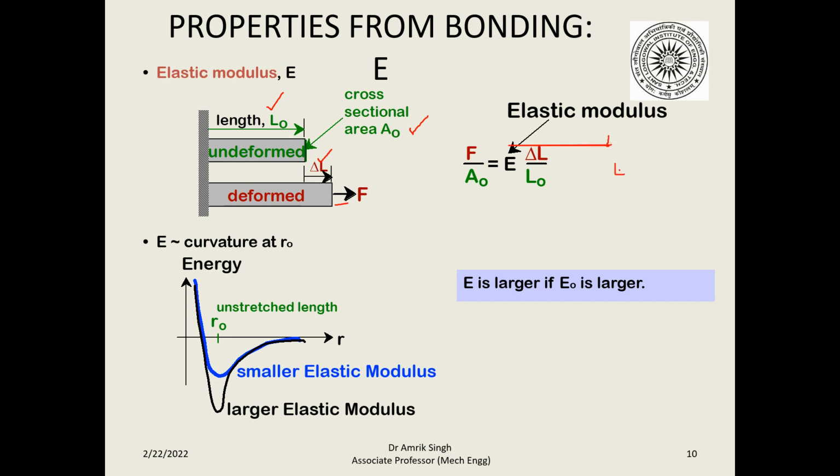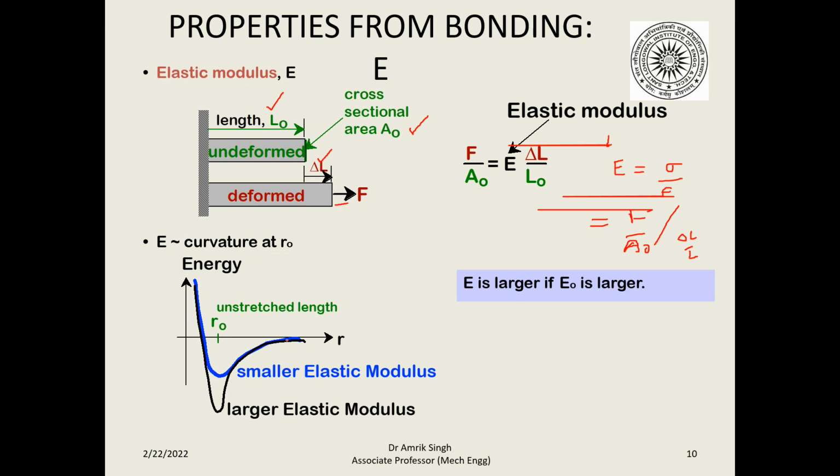We know that modulus of elasticity E is equal to the stress upon strain. Stress sigma is F upon A0, and strain is the change in length upon original length. When you put these values here, it follows.